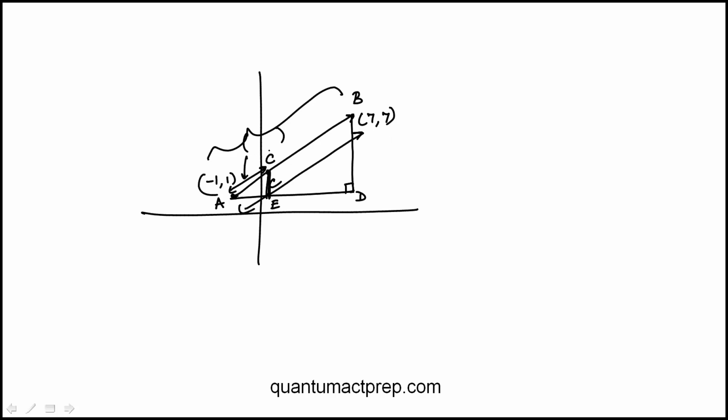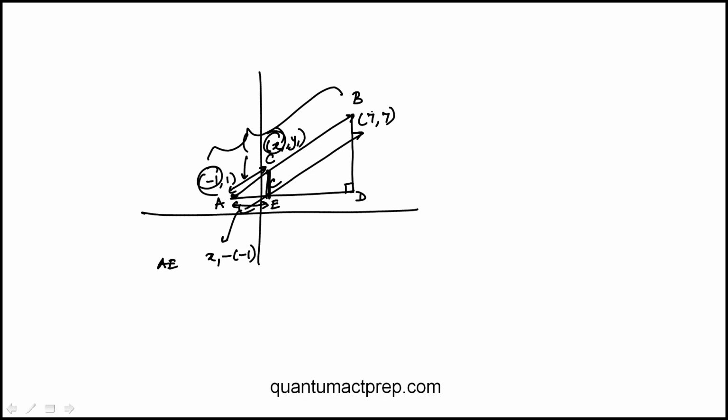And well, we can call the coordinates of this point C to be x1, y1. Then what we know is that this distance here, AE, would be the difference in the x coordinates. So x1 minus minus 1, that would be AE.